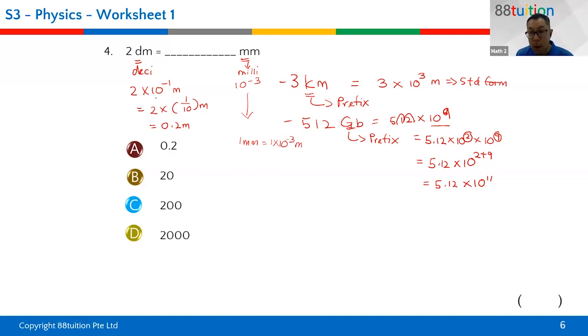Remember earlier on, if the power is negative, I can express it this way. And what is the significance of the 3? It means there's 3 zeros.